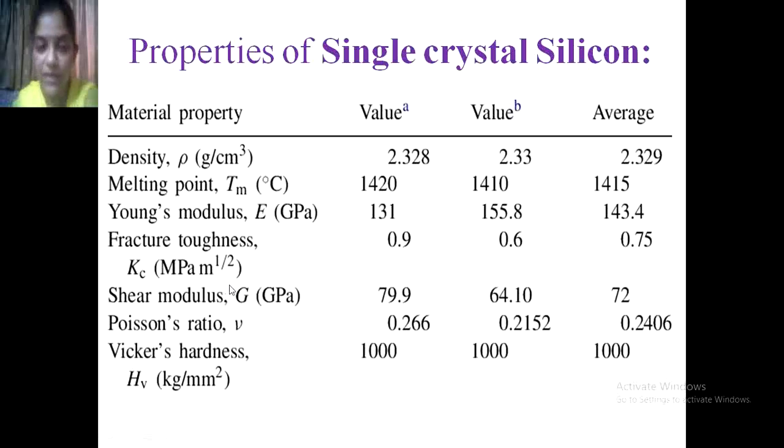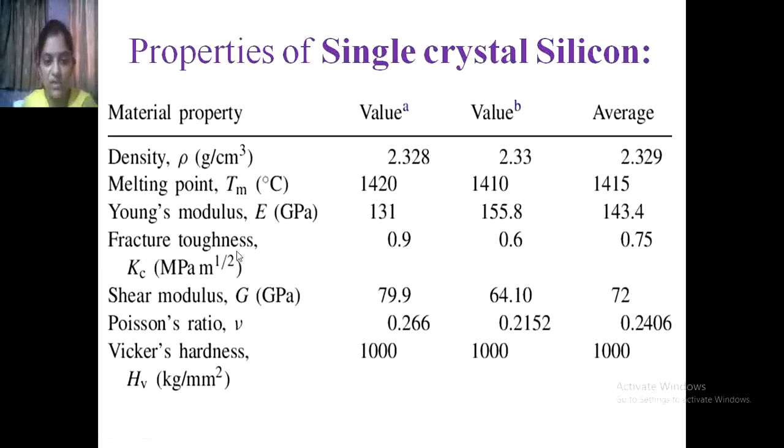We also consider the melting point, Tm, in degrees Celsius: 1420, 1410, and the average. Then Young's modulus in gigapascal is 131 and 155.8, so the average is 143.